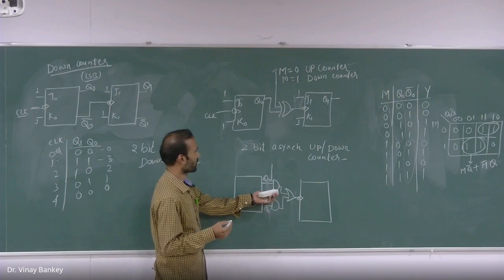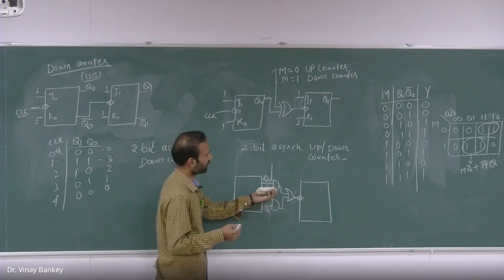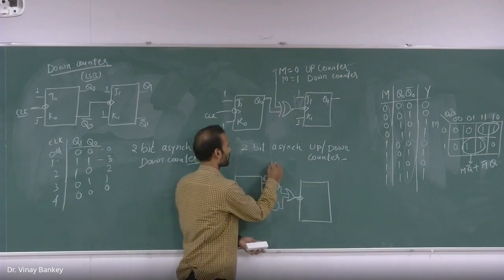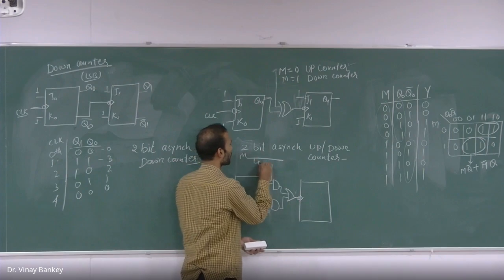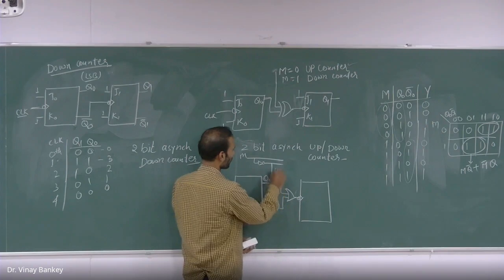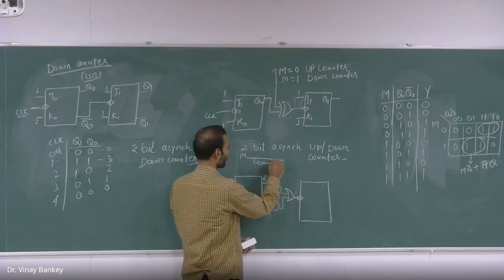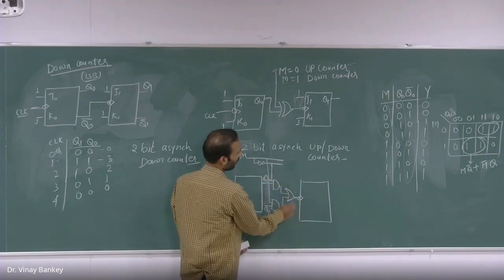So the input of this first AND gate will be M and Q bar, or we can take that one. This is my M line, and we have a NOT gate, so M bar and Q, and here we have M and Q bar. You can connect it this way, and one OR gate.